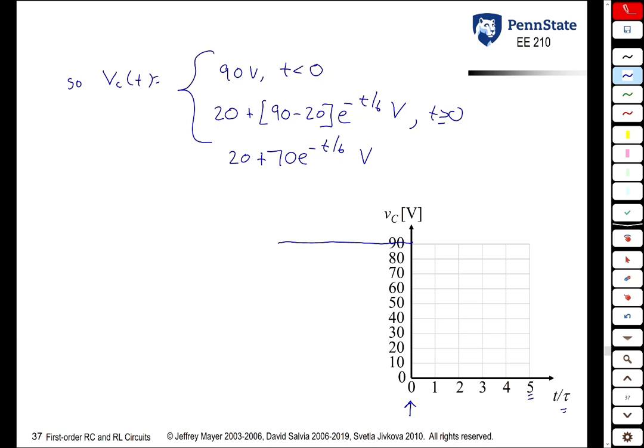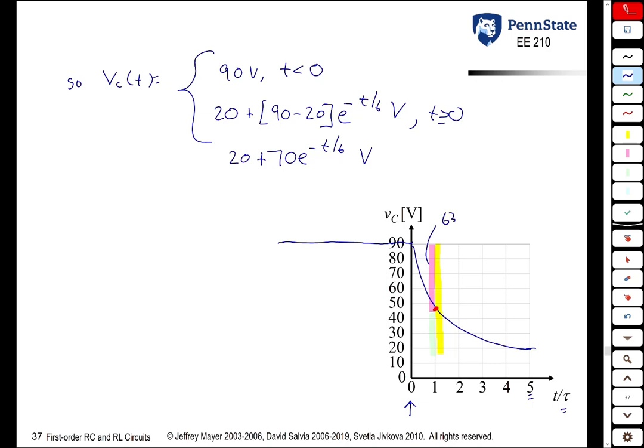The final value is going to be 20 volts, and it will take 5 time constants to exponentially get there. If we were asked to find the value after 1 time constant, once again the voltage is going to go from 90 down to 20. It's going to do 63% of it in the first time constant, leaving 37%.